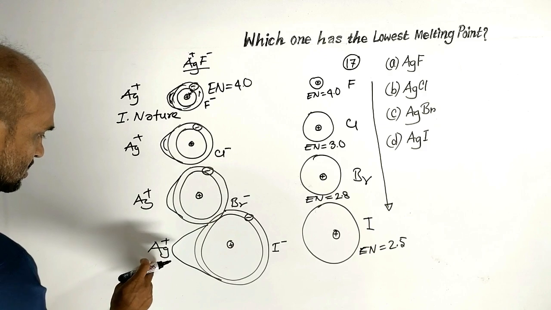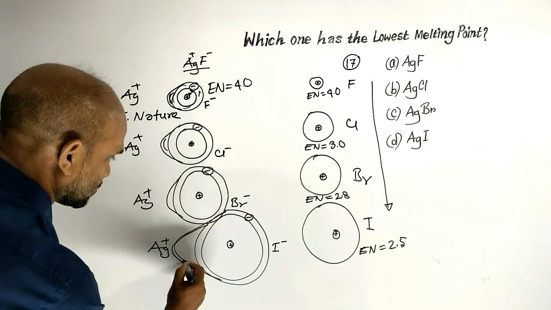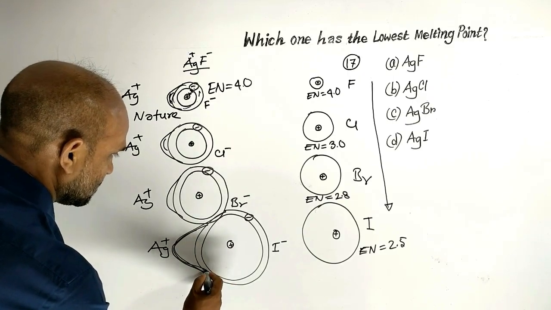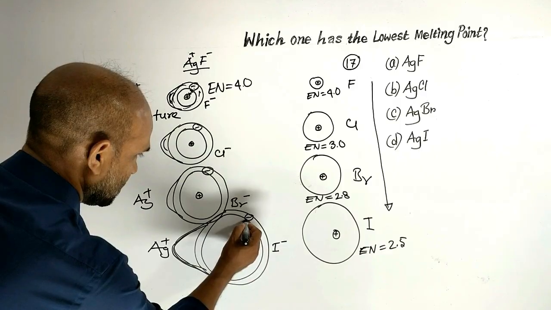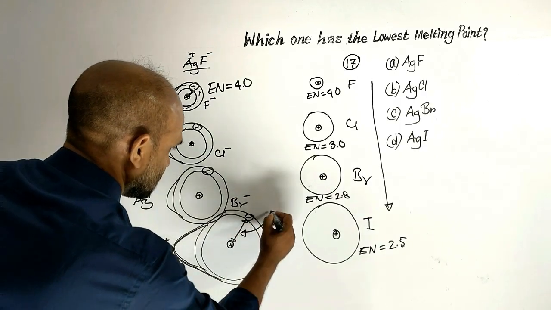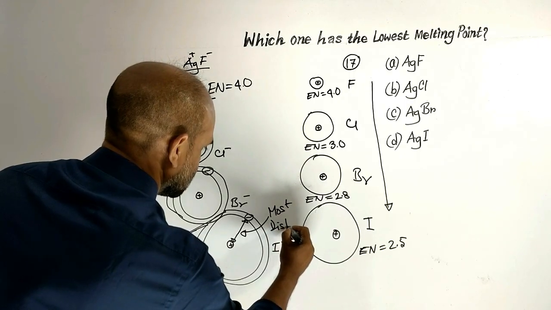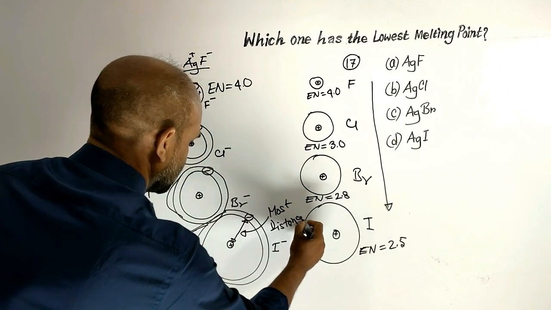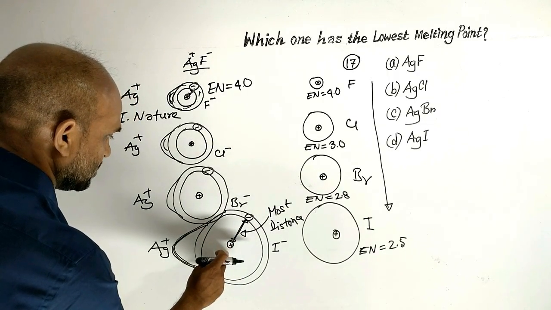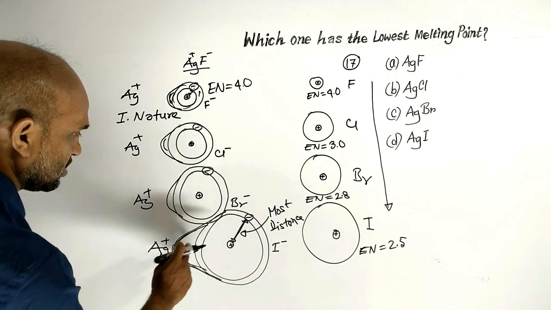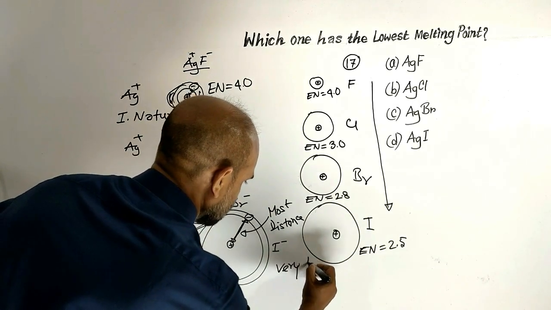Here the silver ion polarizes the iodide ion the most, because here the distance between the nucleus and the electron cloud is the most. That is why the electron cloud is loosely bonded to the nucleus, and for this reason the silver ion can polarize the iodide ion very highly.